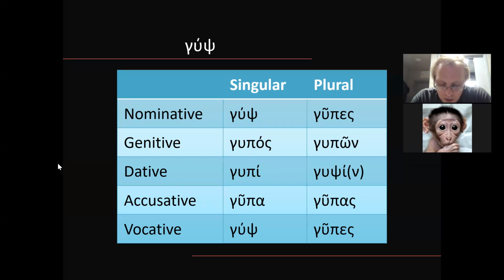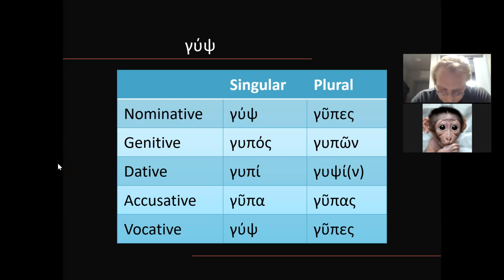And in the plural, we have gypes in the nominative, gypon in the genitive, gypsin in the dative, gypon I already said, but then we have gypas in the accusative and gypes in the vocative. The reason why some of the forms have a circumflex over the letter epsilon is that the epsilon is long in these forms.